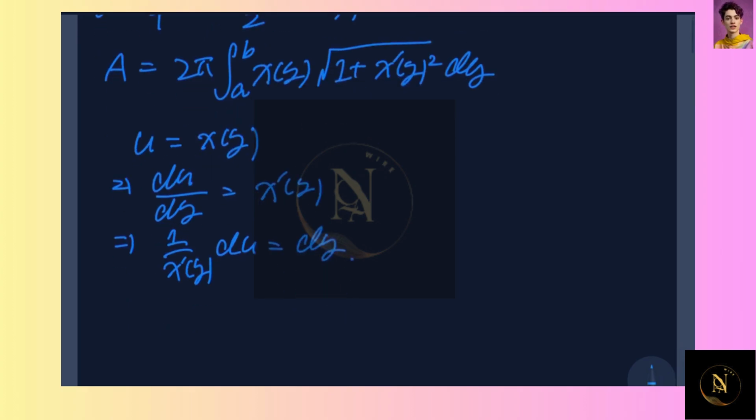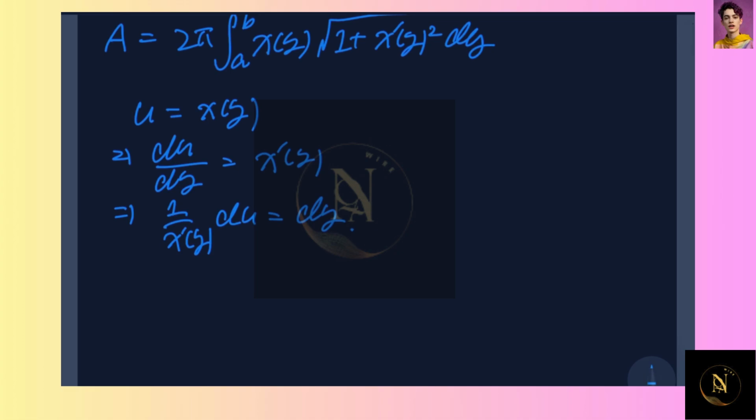So after substituting this expression into our integral equation, we have, okay, the thing that I want to mention was, now that u is equal to x of y, the lower limit and upper limit is just 1 to 2, because u is equal to x of y.